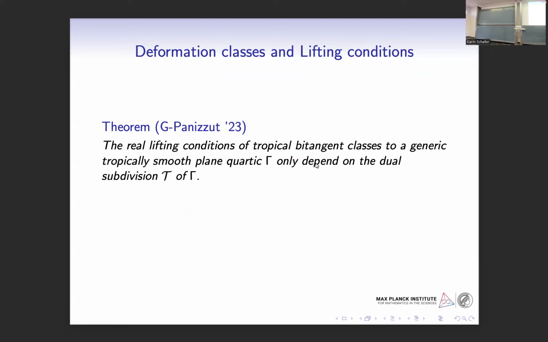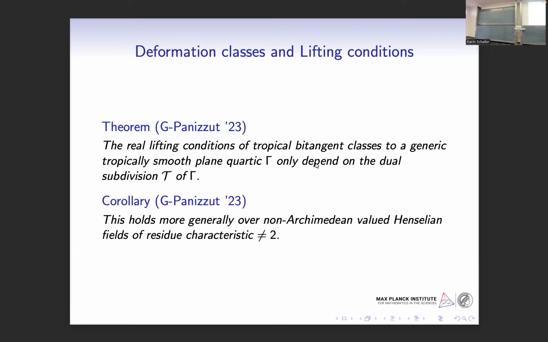And this is our theorem: the real lifting conditions for these tropical bitangent classes for a generic tropically smooth plane quartic depend only on the zero subdivision. So you only need to know this unimodular triangulation, and then I can tell you all about the lifting conditions for the bitangent classes. I don't need to know the exact tropical curve. I only need to know the combinatorics.